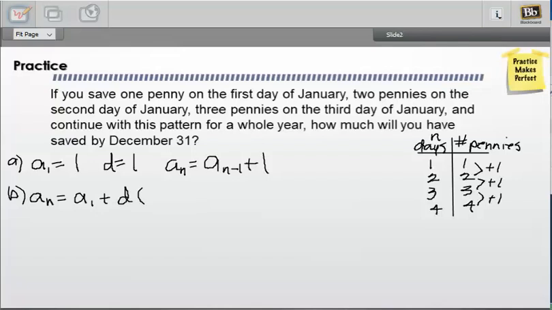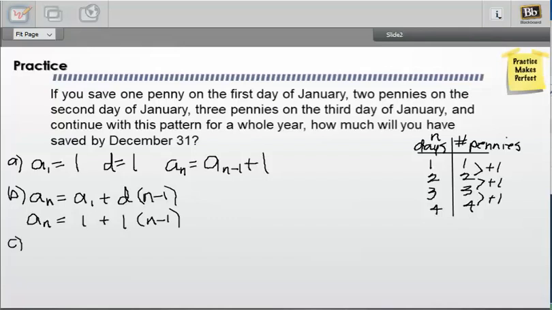So I'm going to put a D there, times N minus 1. We'll be distributing that D to N minus 1. So my explicit formula in this problem, I'm just going to fill this in for you. You've already told me my first term is 1. You told me that D, the change in the sequence, was 1. And I'm going to be multiplying that by N minus 1. And just leave it like that. Don't work it out yet. Don't simplify it. Just leave it that way.